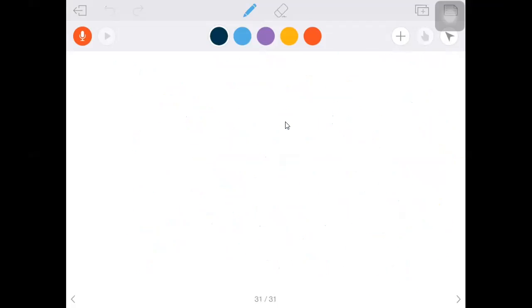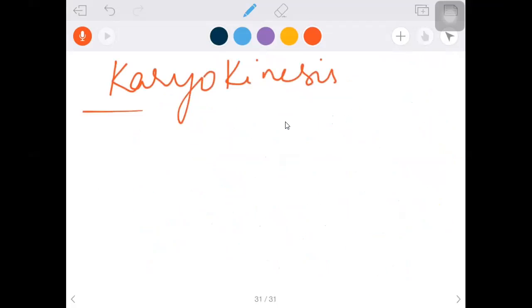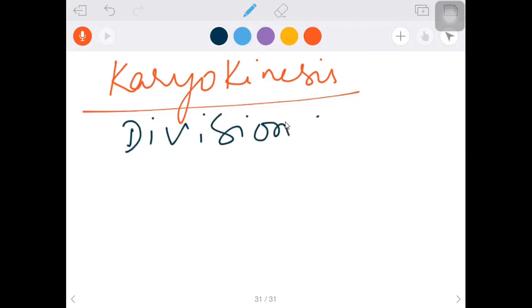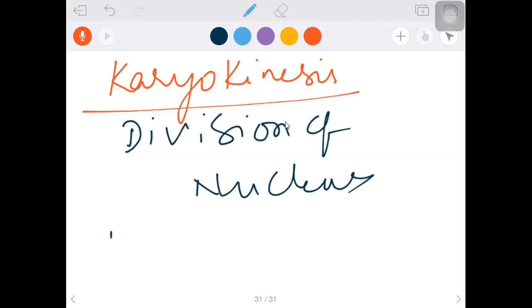So that's why we need to see how they are dividing. First of all, karyokinesis. Let me write karyokinesis. Karyokinesis means division of nucleus. How many nuclei are present here? The macronucleus and micronucleus.